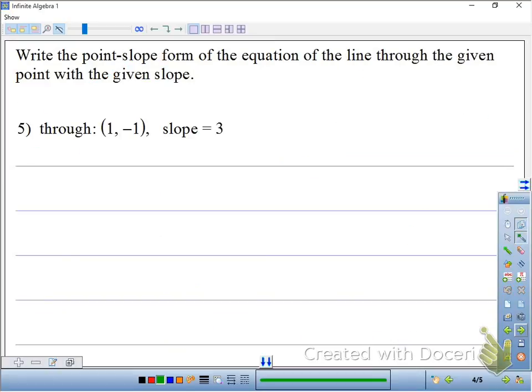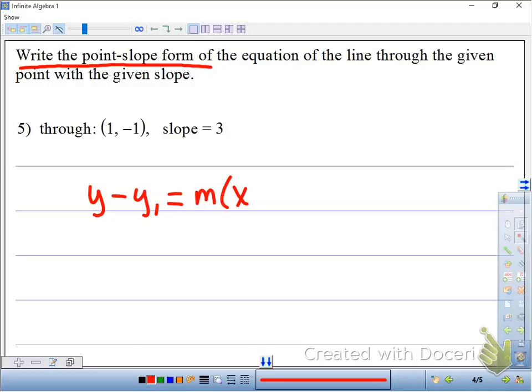The last one we want to look at here is how to write something in point-slope form. So the instructions are different. It says write the point-slope form. Now point-slope form is this: y minus y1 equals m parentheses x minus x1. And I have to look at what I have.